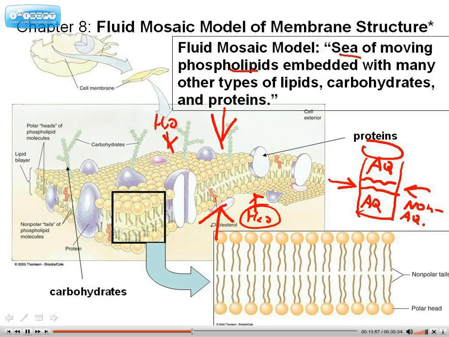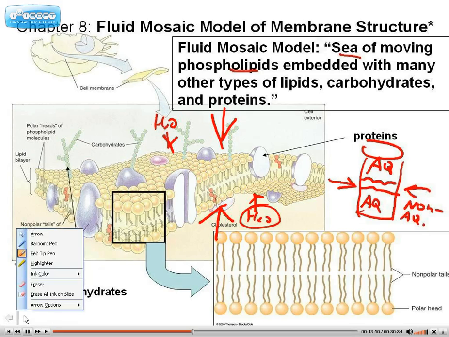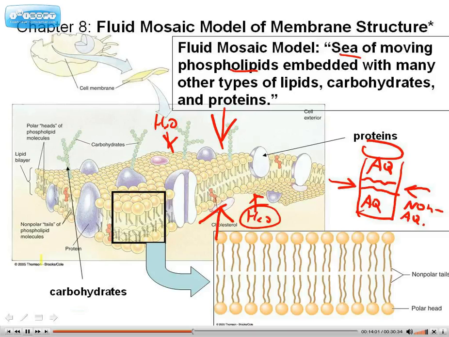Do you need to know these explicit details? No, you don't. However, you do need to know the overall fluid mosaic model. Memorize this definition. We have a ton of other biomolecules which are embedded into the phospholipid bilayer. We have proteins.